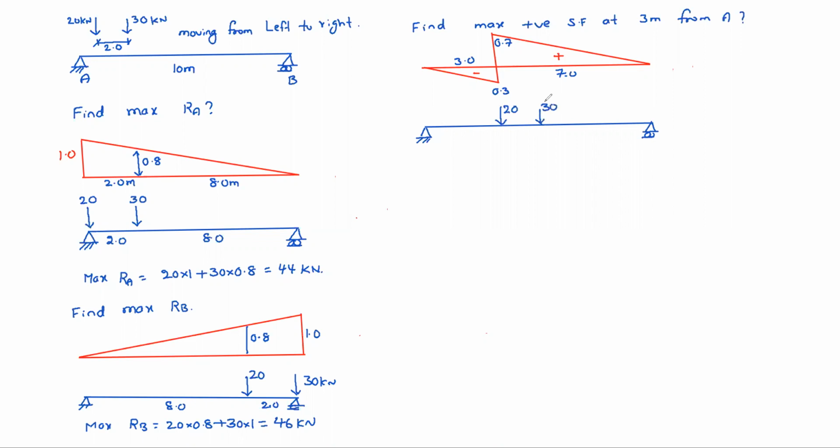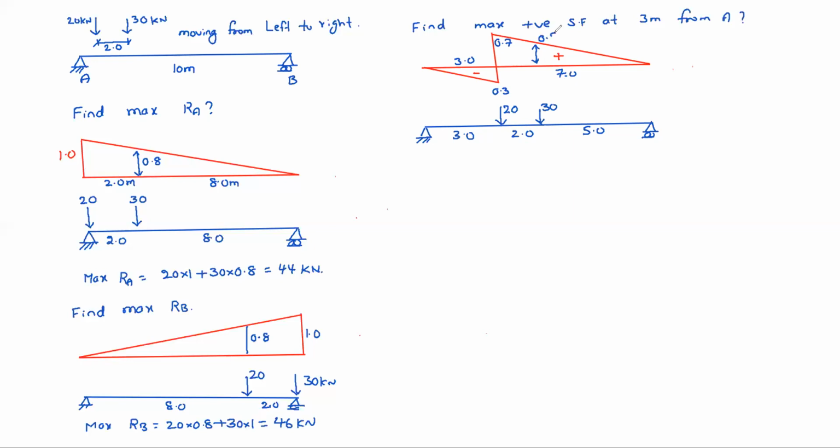So maximum positive starts from 0.7 and ends with 0. So at 0.7 we need to keep 20. That means here 3 meters. This is 2 meters. Remaining this is 5 meters. So ordinate here is at 2 meters. Here it is at 7 meters. 0.7 means at 5 meters from right end.